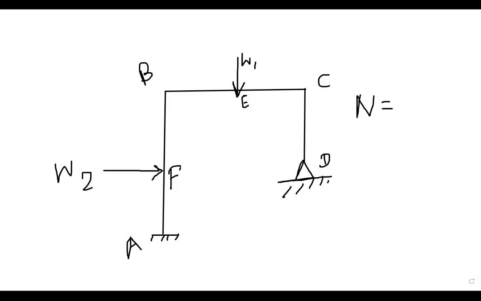Capital N is equal to 5. Where? A, B, C. A is a fixed end, B is also rigid, C is also rigid.